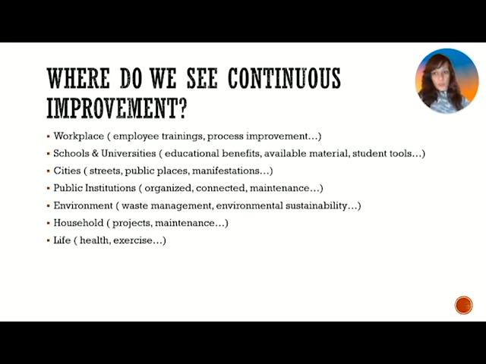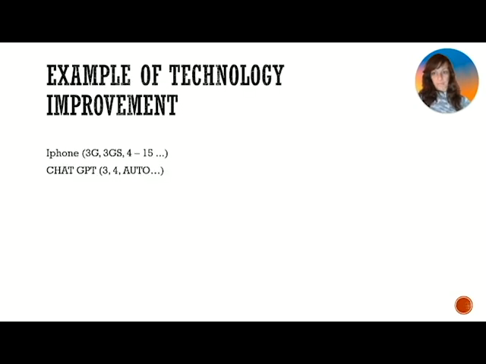So now let's see what we have here. Here is just an example of technology improvement. I would put technology improvement in another section, because technology is improving at a very, very fast pace.